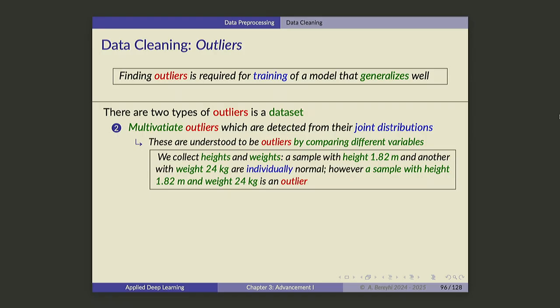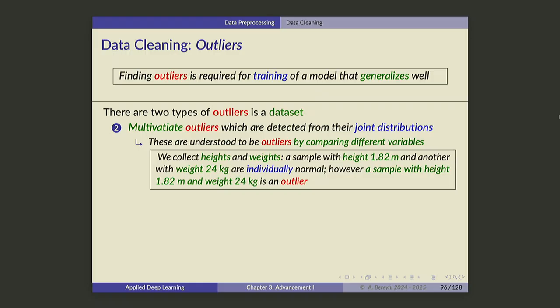Maybe that person is suffering from one specific condition. So this is, again, not typical, but you cannot find it out by just checking the weight or height. You need to check them together to find out, and this is a multivariate outlier. In general, you have so many dimensions inside your data, and if you want to talk about a multivariate outlier, you need to talk about their joint distribution, which makes it harder to detect.